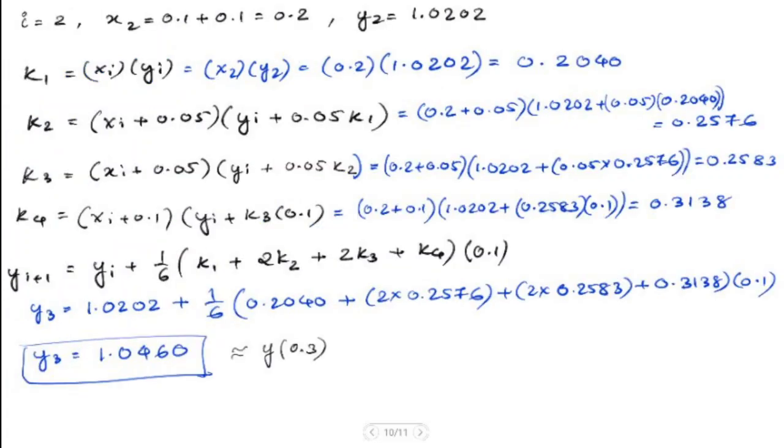So for that, we have now i is equal to 3, x3 is equal to x2 plus h.